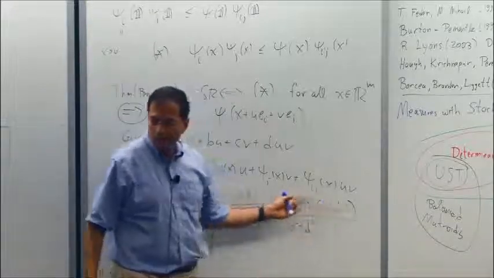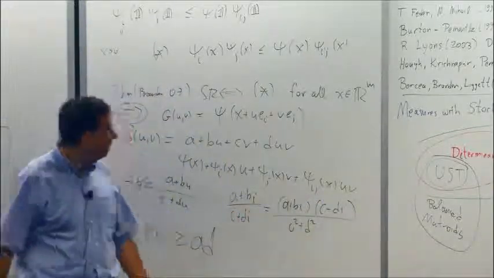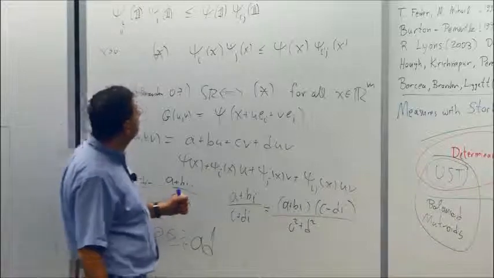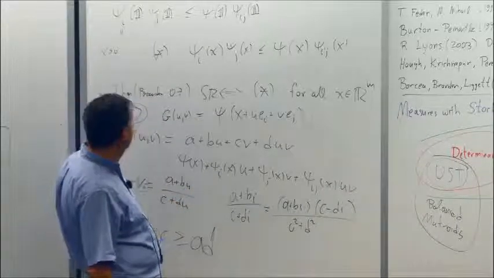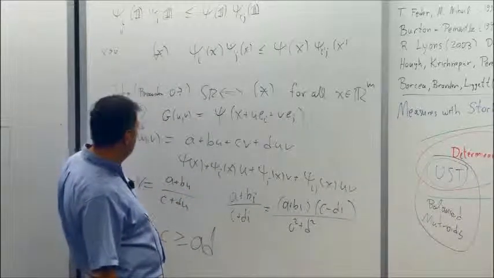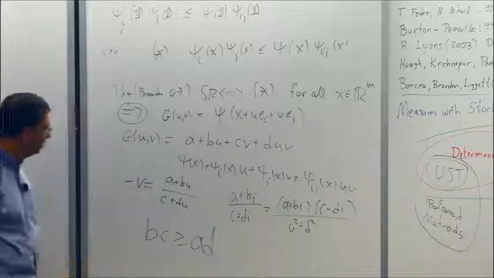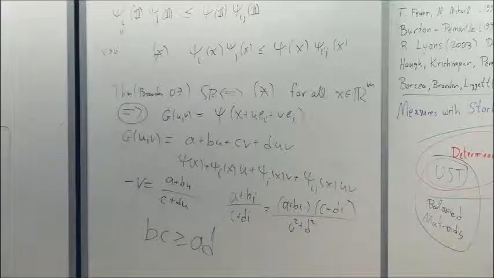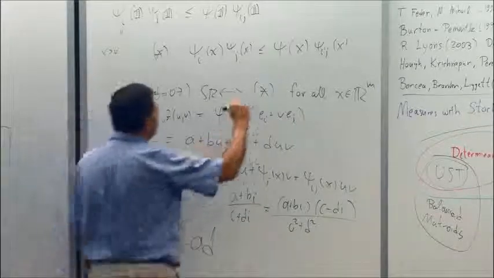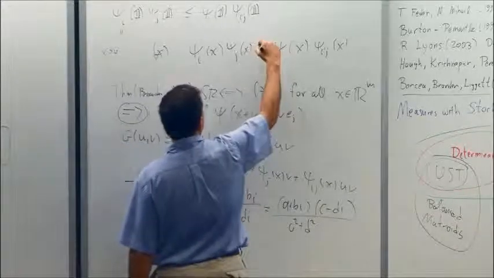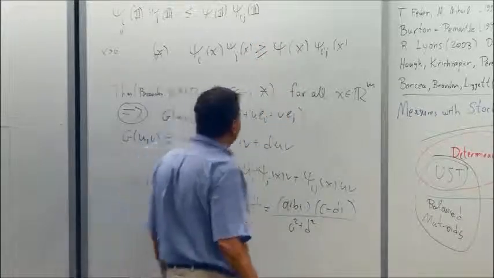That's the coefficient of i here, which is exactly bc minus ad. So there is one important thing, the direction of the inequality.